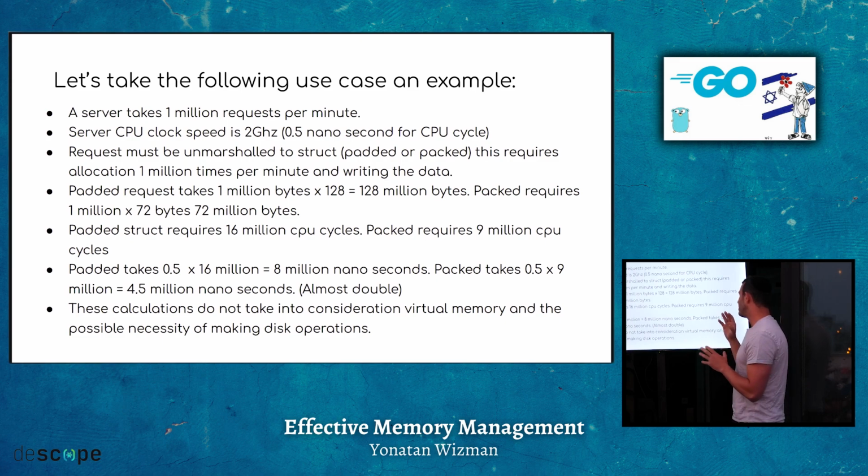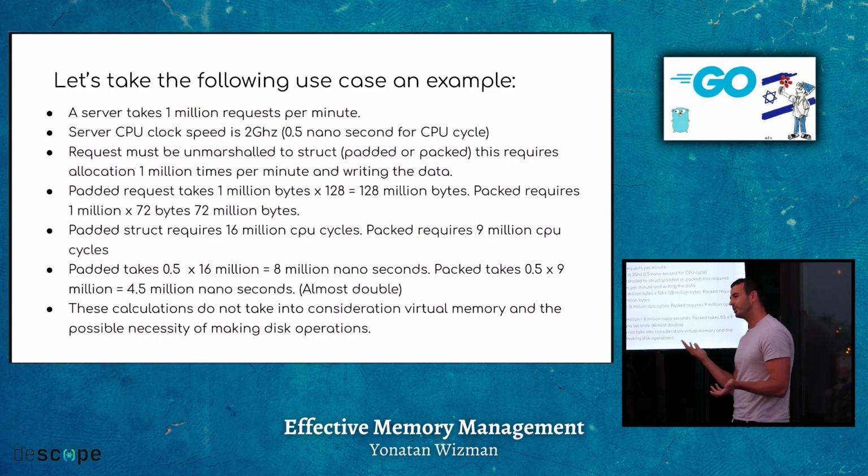Now, the padded one will take 0.5 times 16 million CPU cycles, right? You have 128 million, well, the same numbers as before, just with millions. So 16 million CPU cycles will take basically 8 million nanoseconds. And the 72 bytes will take 8 million CPU cycles, which is 4.5 million nanoseconds.